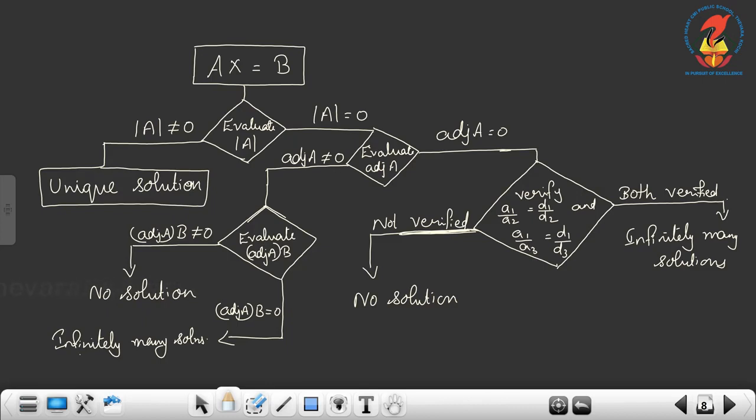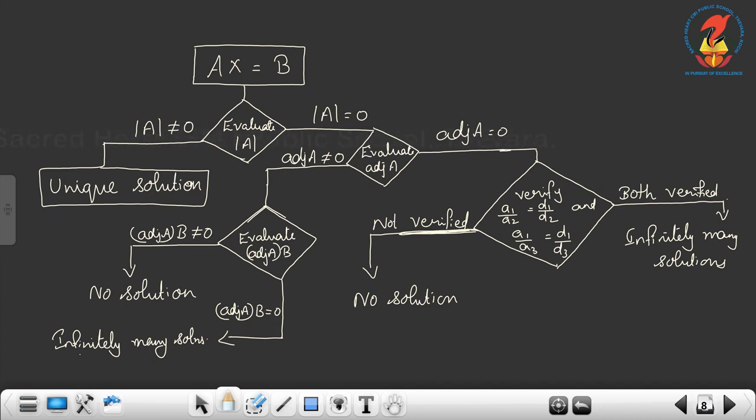Definitely there is a unique solution. You will get one value for x, y and z. If determinant A equal to 0, the next step is you have to find adjoint of A. Then multiply adjoint of A with B. If that is not equal to 0, then you can conclude no solution.